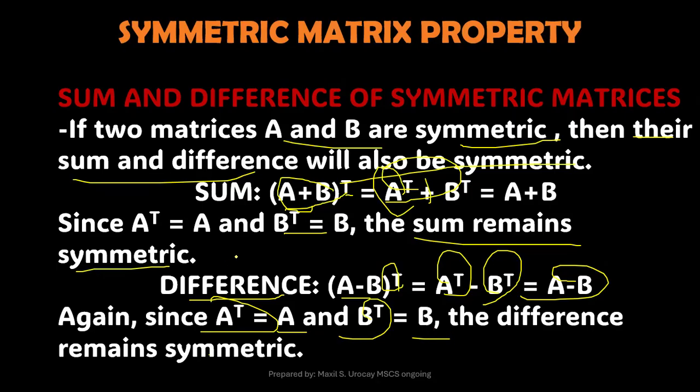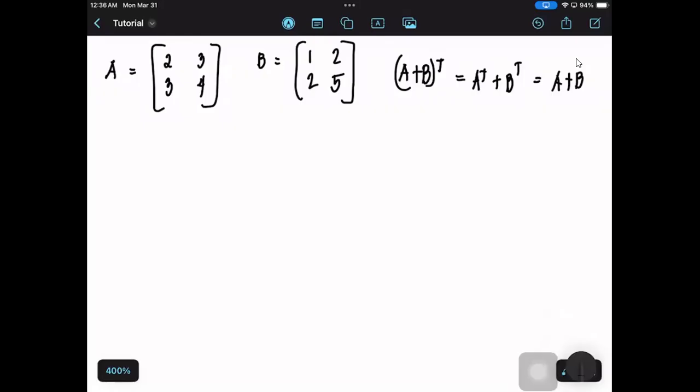So let me go ahead and give you a specific example. First, I'll give you the example for the sum. Say, for example, we have matrices A and B: A is 2, 3, 3, 4, and B is 1, 2, 2, 5.